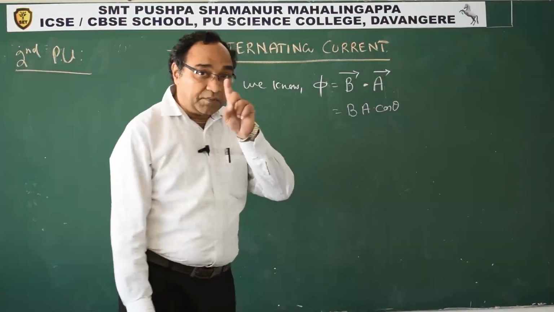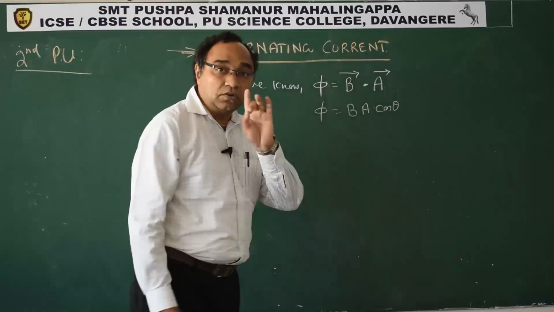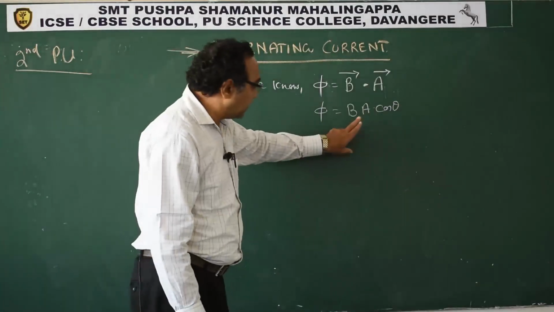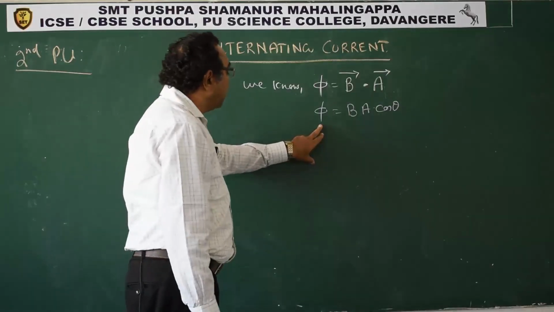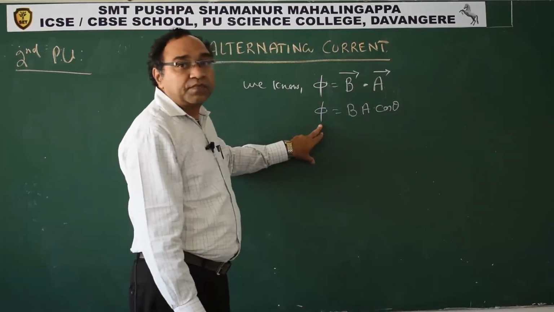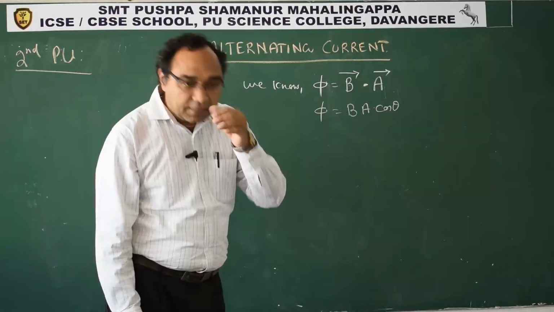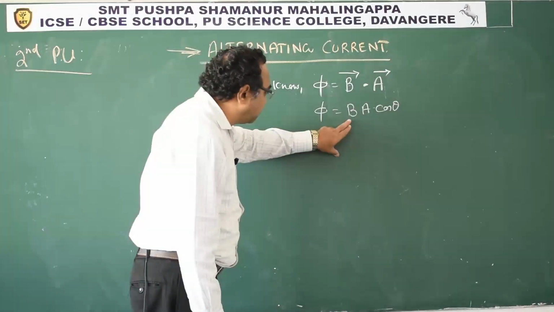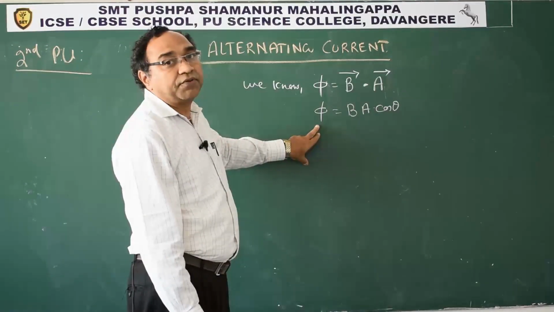Now if you remember, we had argued that all those factors which are there in the expression of magnetic flux, when they are changed, magnetic flux changes, EMF gets induced. Then we concluded if there is a change in magnetic field B, flux changes, EMF is induced.